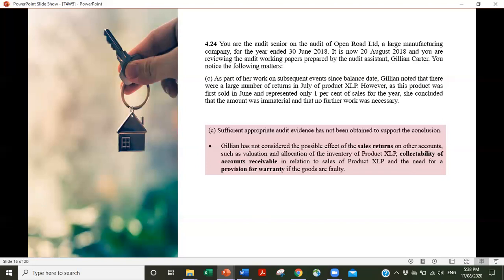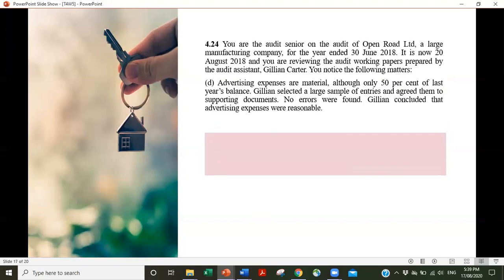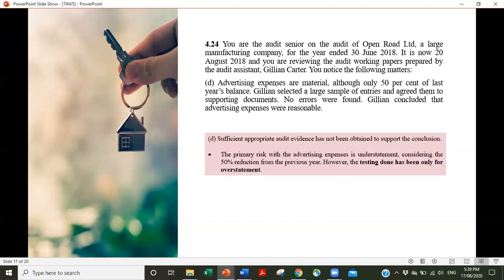Okay, so number D is about advertising expenses. It's only 50% of what it was last year. Just because it was 50% of last year isn't a reason to say that that's correct.